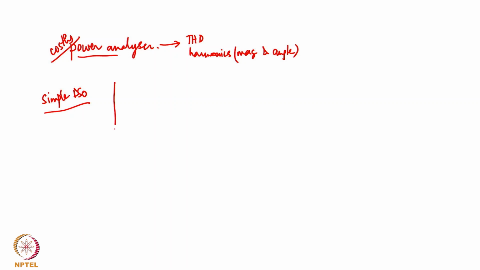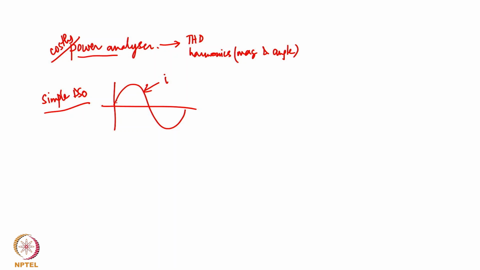In the DSO, you can store the input current by digitally sampling this current and storing it into a memory.